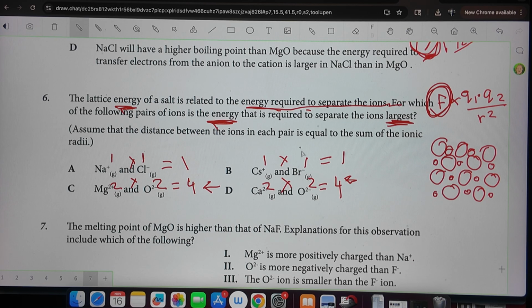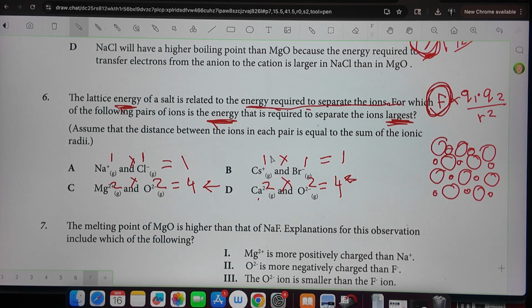And here we can imagine that the smaller the distance, the stronger the attraction. So now we can just look at the sizes based on placement in the periodic table. This one has oxygen and this one has oxygen, so we don't have to consider them. It's really which one is bigger, Ca or Mg, and whichever one is smaller is going to have the greatest attractive force.